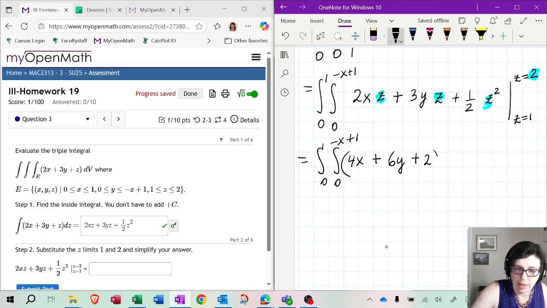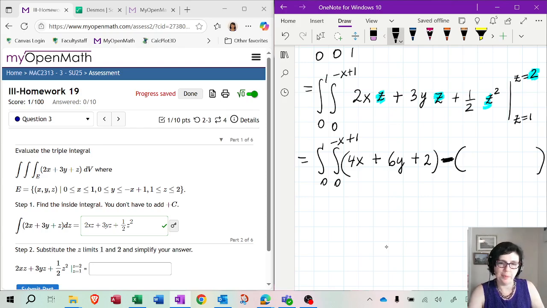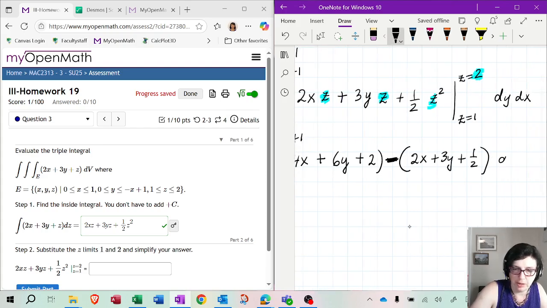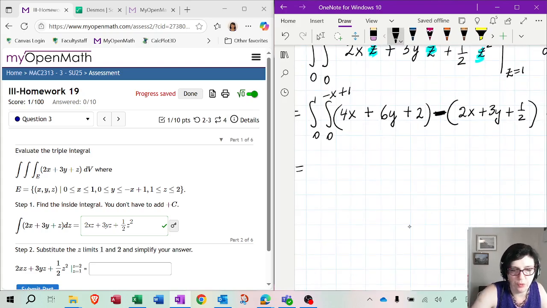Okay, so that's what happens when you substitute 2, then minus, now substitute the bottom limit. So again, z equals 1 for z. So this will be 2x plus 3y plus 1/2. Okay, and then we're still integrating dy dx. Now remember never to move on until you are done simplifying the integrand.